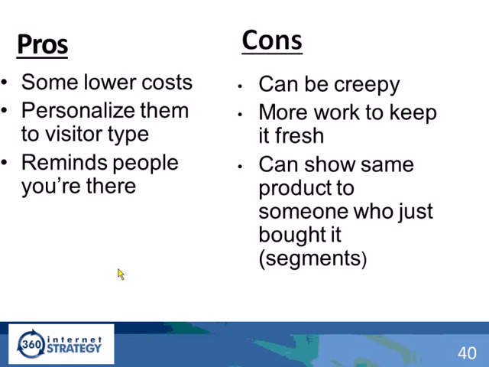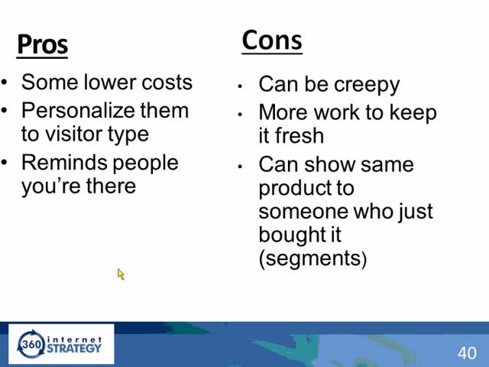So you are getting that personalization based on where they were on the site. And it is a reminder. There is such a thing as branding, and people need to hear your name and see your brand multiple times before they think to buy from you. So that is good, it does get your name out there. The cons: the first one I said, it can be creepy.